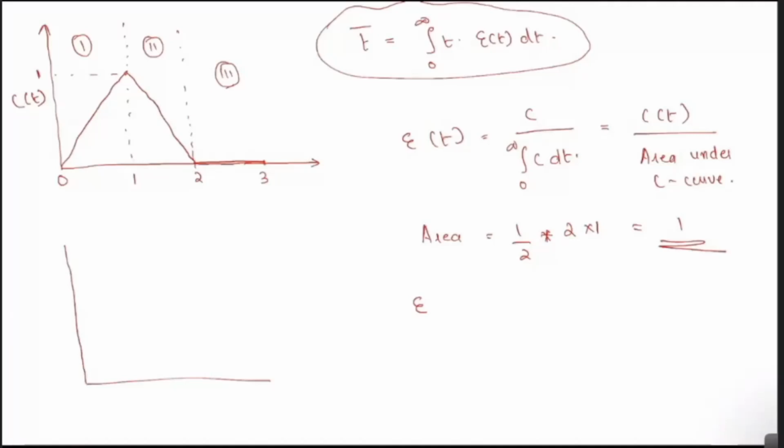So now what this essentially means is E of t will be equal to C of t by 1, and that is C of t. Or in other words, the E curve will be pretty much the same as the C curve because the area under the curve is 1. So our E curve will also be like this.